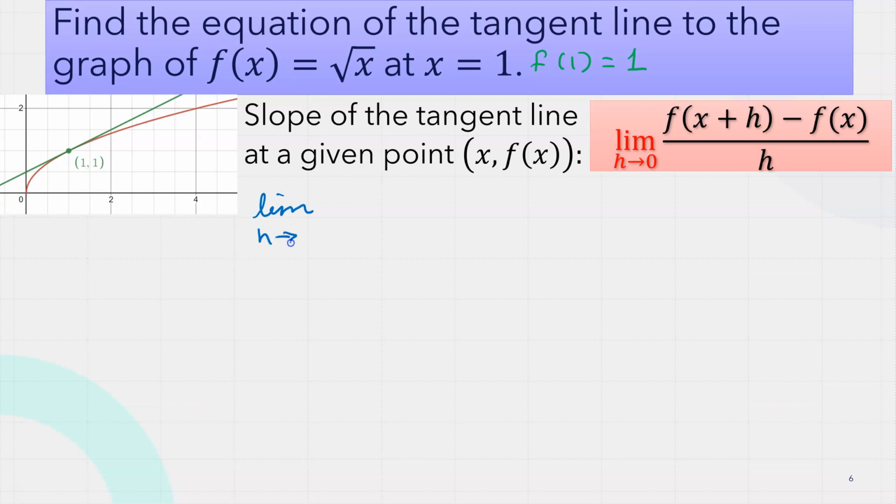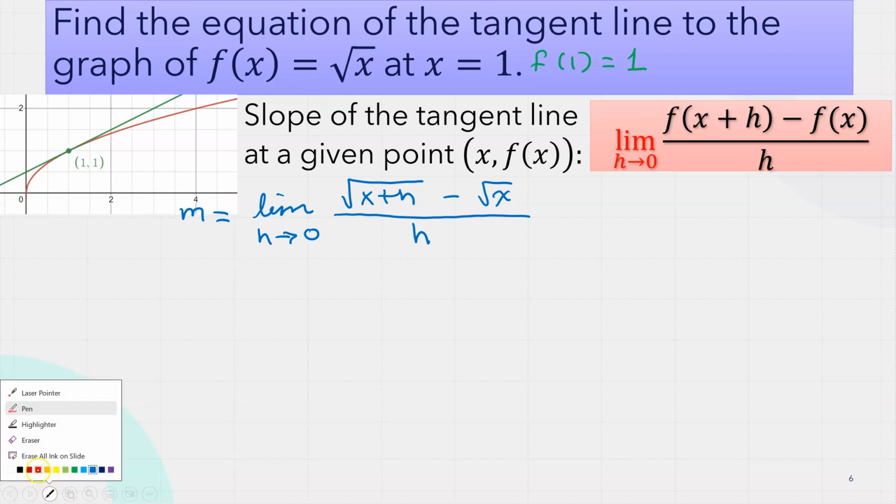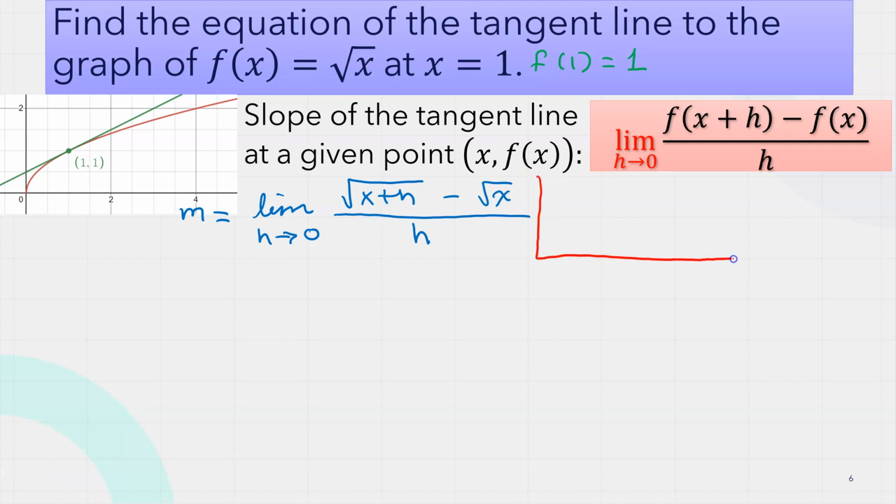So we have the limit as h goes to 0 of square root of x plus h minus square root of x, all divided by h. Now, you would say, oh my gosh, how are we going to find the limit of that, right? The trick here is rationalizing.